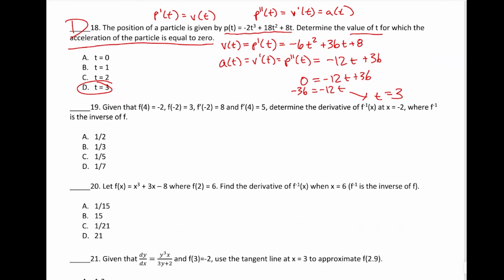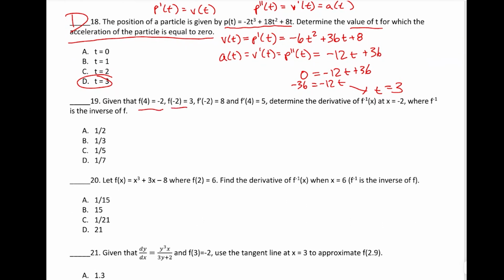Number 19, we're given a bunch of values for f and for f prime. We're going to find the derivative of the inverse of f. Basically, this negative 1 is just spelling out that there is a little bit of ambiguity: if you say f negative 1, it's not super clear if this is f raised to the negative first power versus the inverse of f.